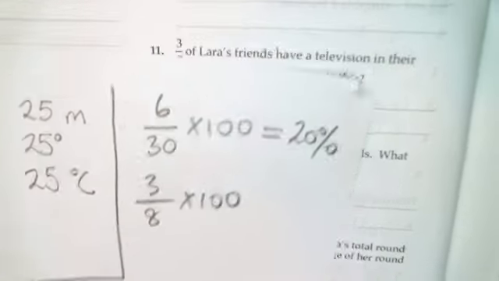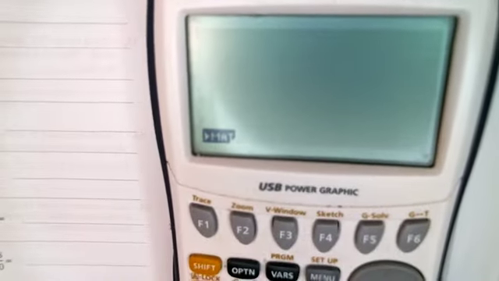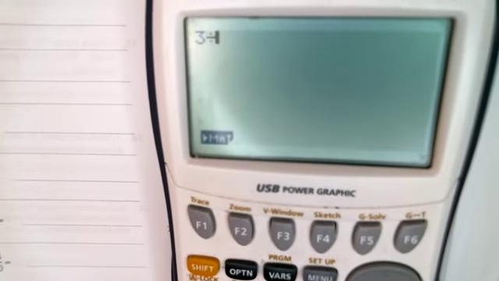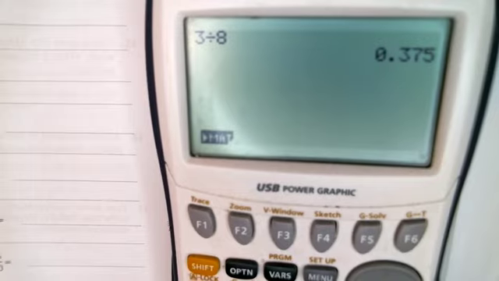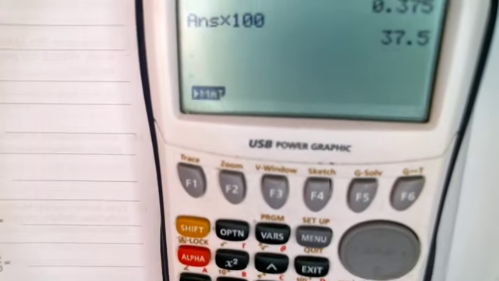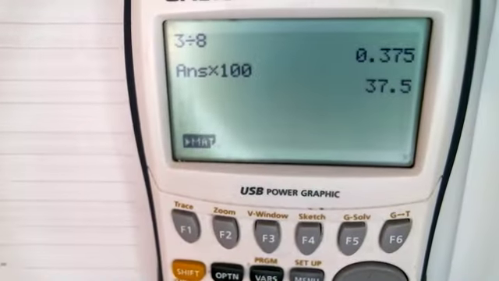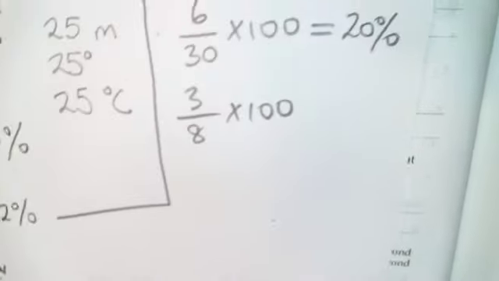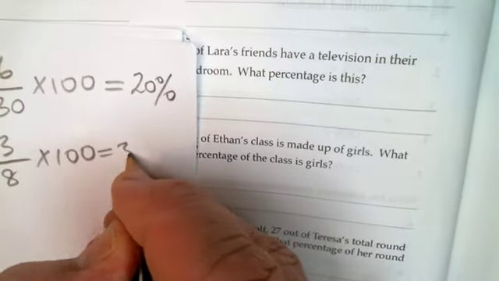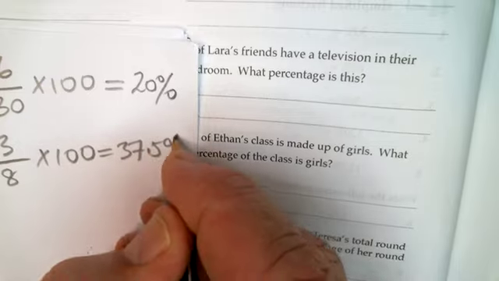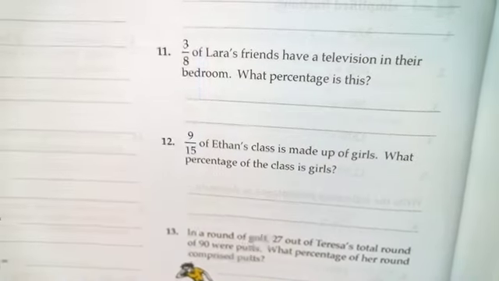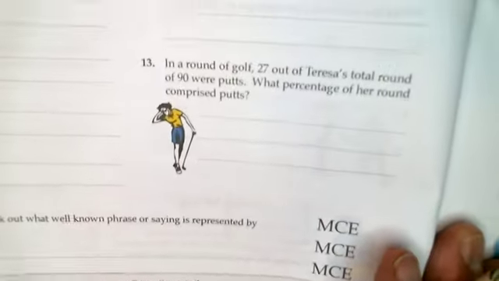And again, we can multiply that out. 3 divided by 8 times 100, and we get 37.5. So the answer is 37.5%.